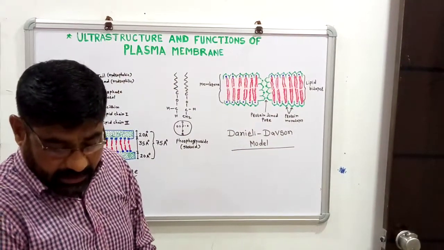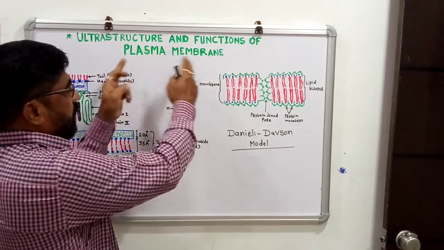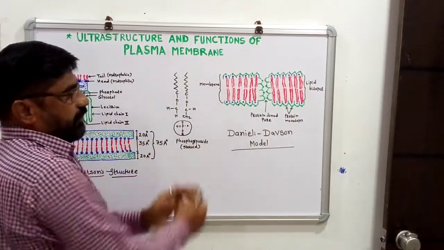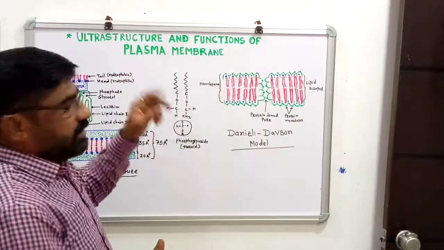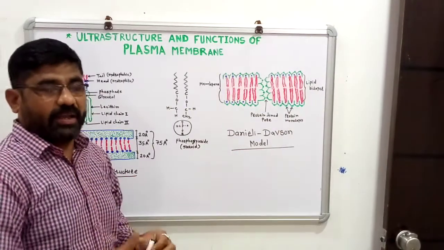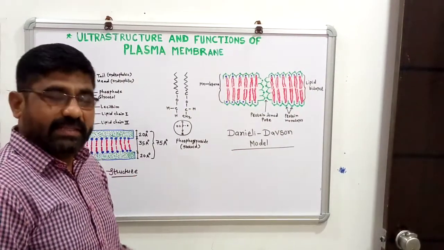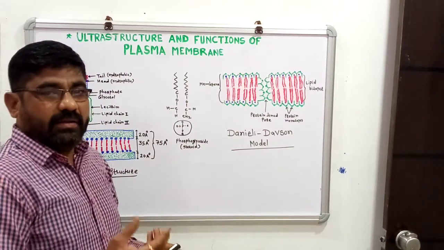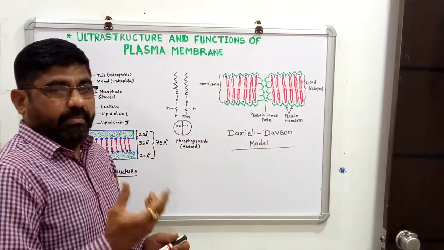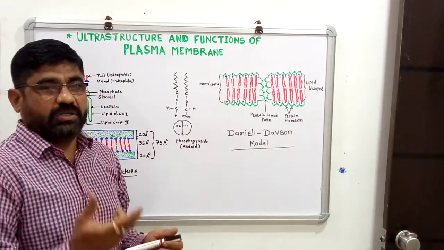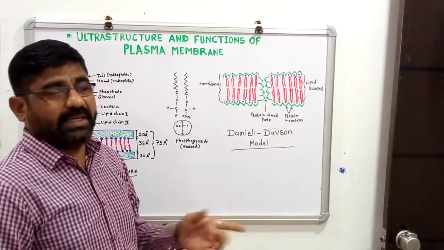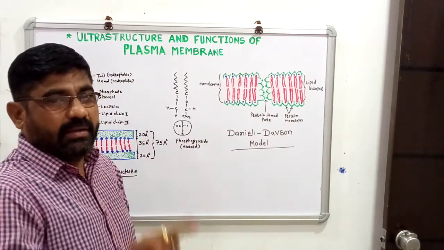The cell membrane lies around the outer periphery of the cell. As for the different organelles we have studied, like the endoplasmic reticulum, mitochondria, Golgi complex, lysosomes, ribosomes and centrioles, all the cell organelles have a membrane.